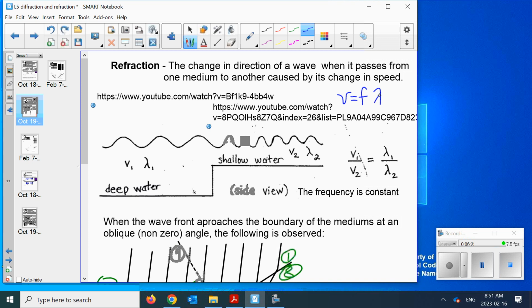We know this, right? In the first situation, deep water, we'll call that F1, lambda 1, and V1.